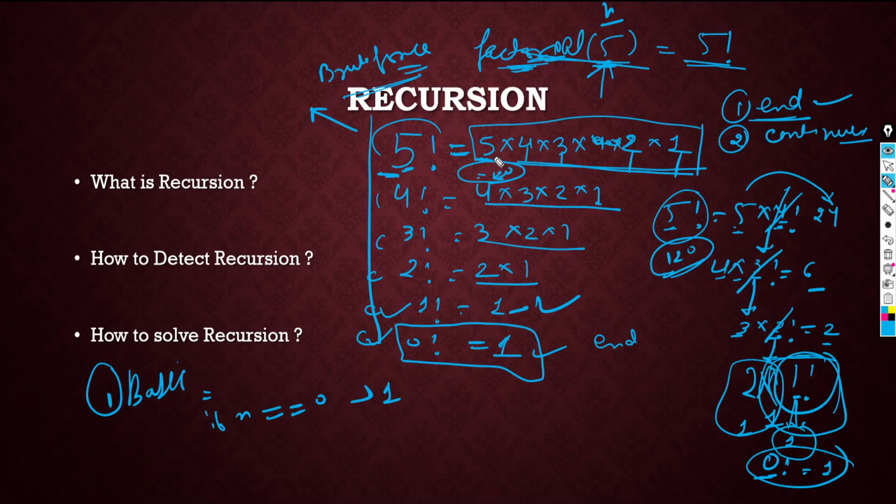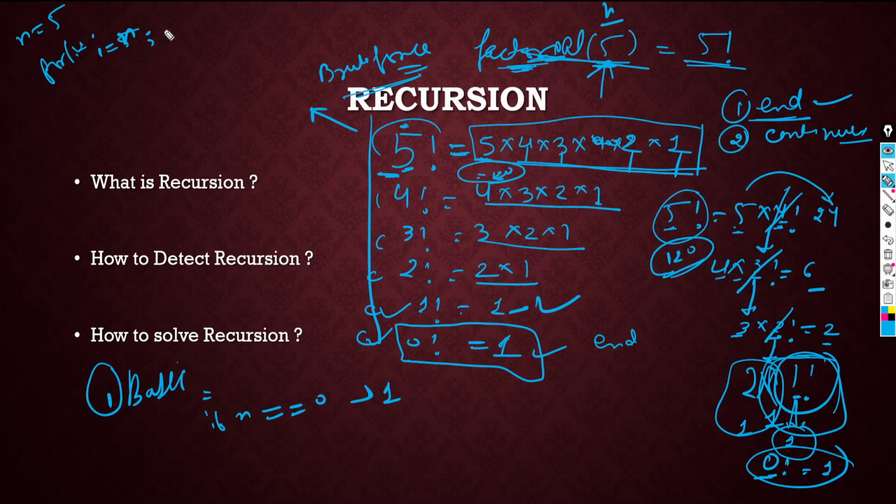What is written over here? 5, 4, 3, 2, 1. I am taking a for loop, and for that loop int i is equal to 5, which is the nth, or we can take it as n. Here n is equal to 5.